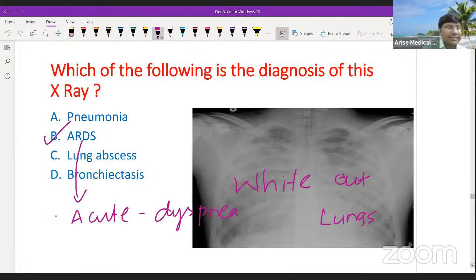And the lungs which are affected are bilateral, and there will be presence of bilateral diffuse infiltrates.